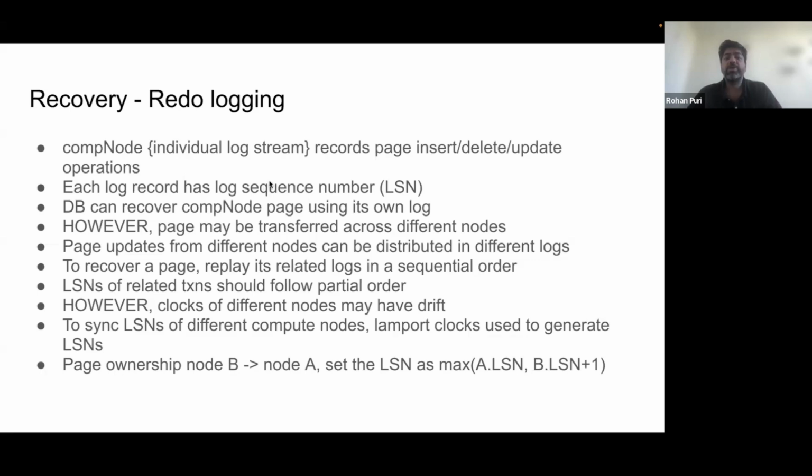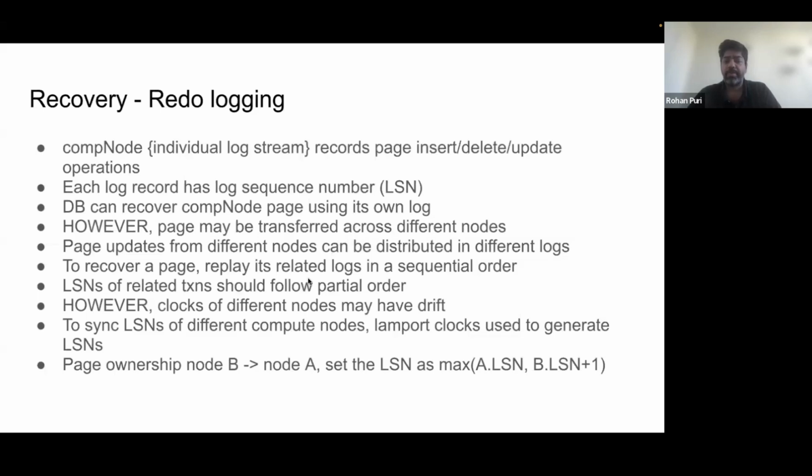But because your page ownership can move between nodes, a page can have updates from different nodes, and then you have to recover transactions for that particular page, which can span those nodes. So there is a need for some kind of sequential order to be followed for this recovery, which is distributed in nature. So how do you do that?